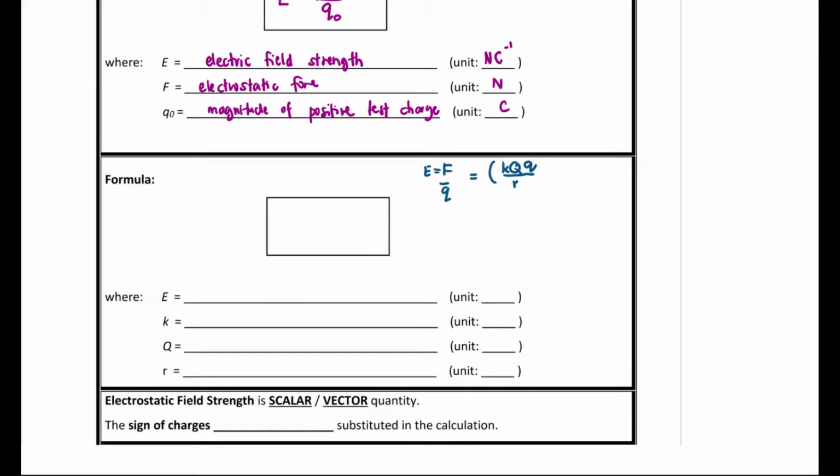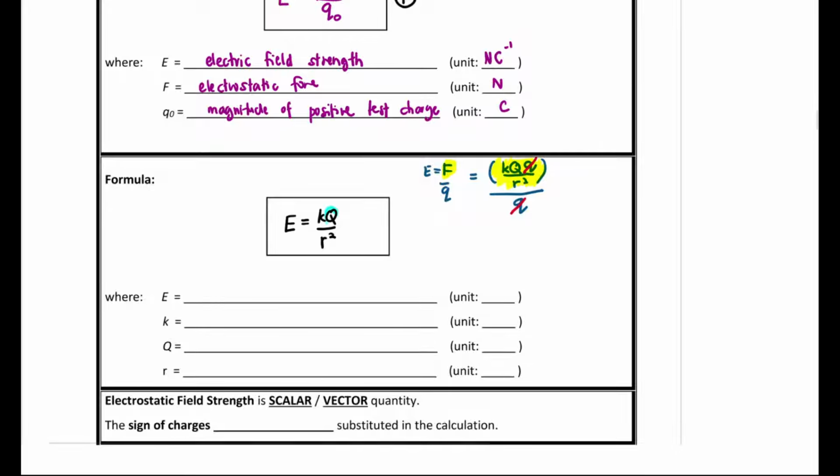Alright, means that we ignore the negative sign of the negative charge in your calculation. Jangan substitute. Maknanya, kita kena lukis dulu direction, dan dalam calculation, kalau nilai charge itu adalah negatif, jangan masukkan negatif dalam calculation. Okay, negatif kita ambil sebagai direction to the left. Nanti kita buat soalan, kita akan nampak.